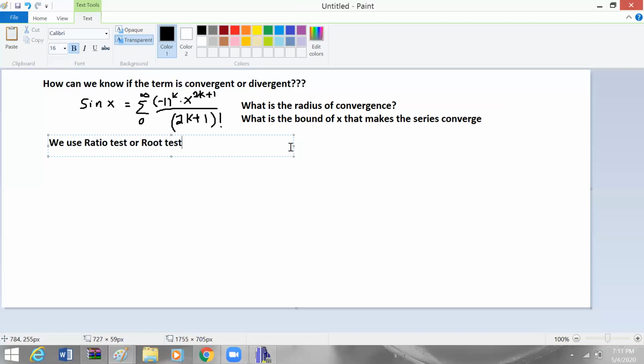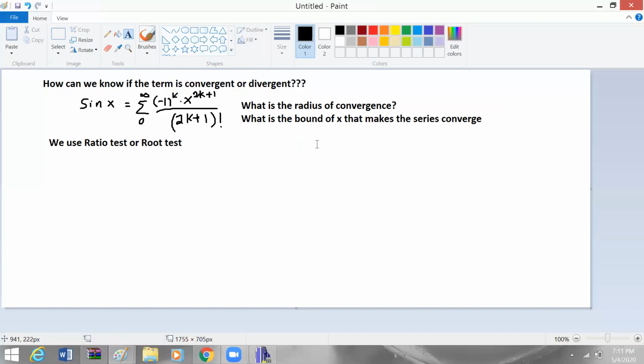You don't have to use both of them, just one of them, because all of these terms are in terms of factorials or power terms. This is why I always told you guys that the ratio test and the root test are really, really important. So we don't have to do it twice.